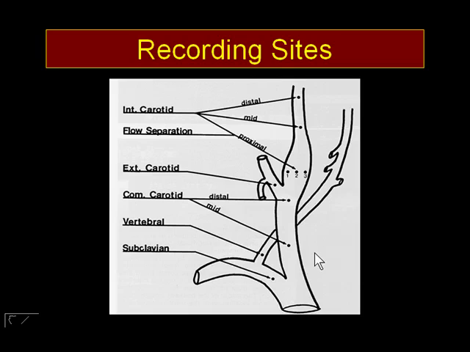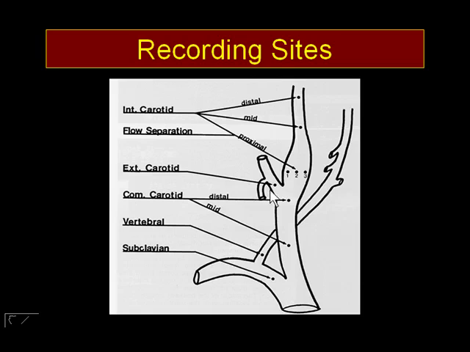In terms of recording sites, for a normal study, we typically would acquire at least 12 images in what we like to refer to as predetermined sites. Now keep in mind, we're looking at the entirety of the extracranial carotid artery system during the examination, but those images that are acquired would include the mid-common carotid artery, somewhere 2 to 3 centimeters proximal to the carotid bifurcation, the bifurcation itself, and at least 2 measurements within the internal, somewhere in the proximal portion of the internal, and then further out distally.